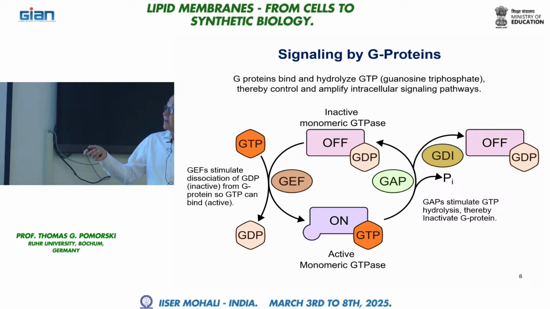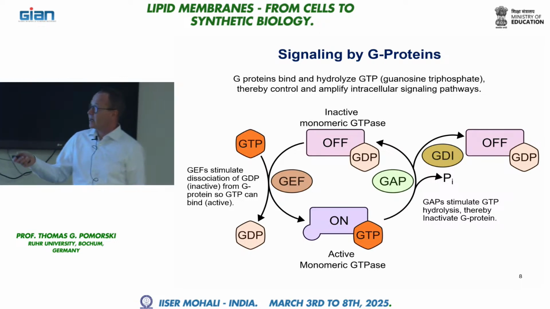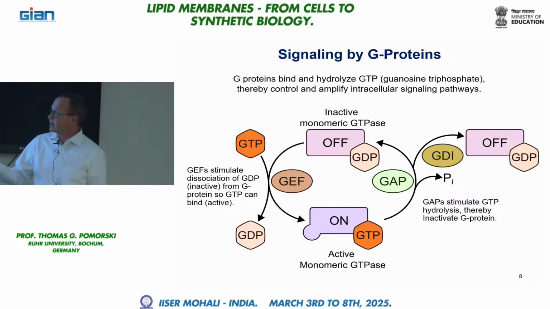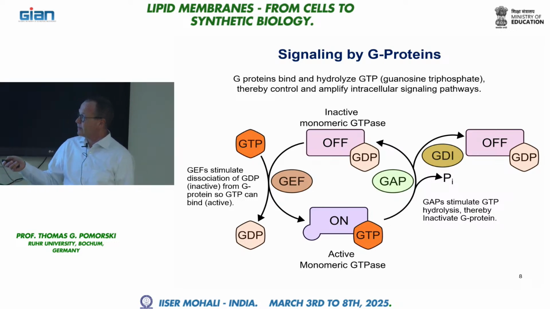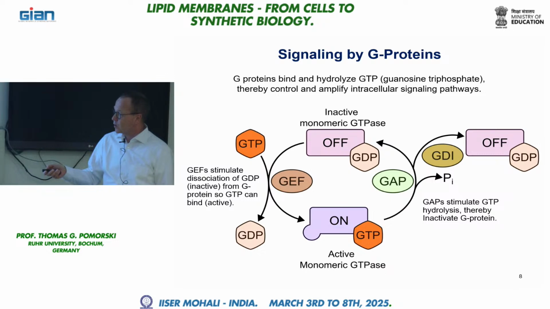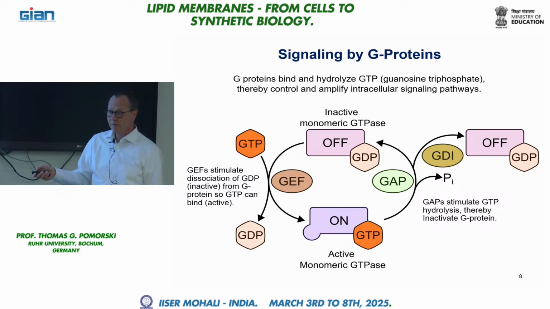To change from one condition to the other, it also needs helpers. It needs helper proteins to get into the on state, to exchange the GDP for GTP. And it needs a helper protein to be activated to hydrolyze the GTP to GDP. These helper proteins are the GTP exchange factor and the GTPase activating protein.